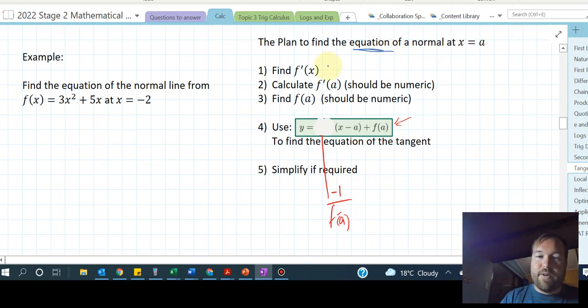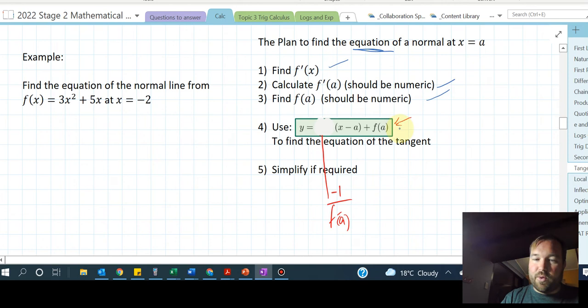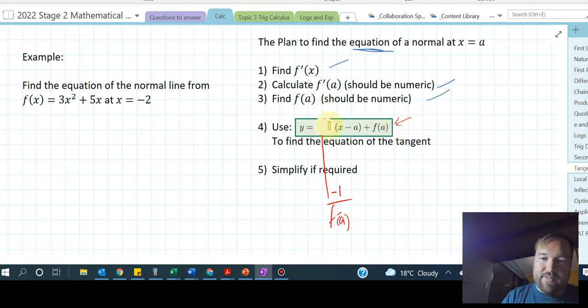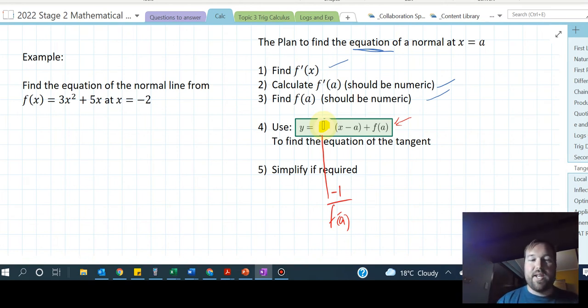It is find the derivative, sub in A to the original, then same equation required, but instead of having that f dash a in there, our slope is going to be the negative reciprocal of f dash a. So put in minus 1 on f dash a.